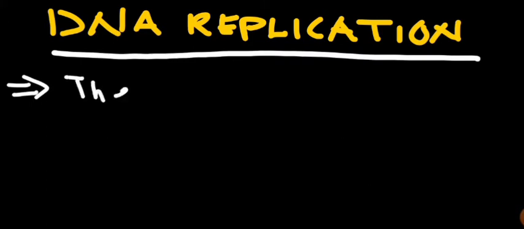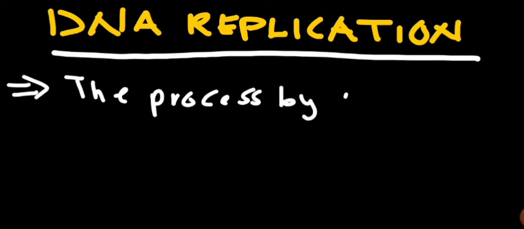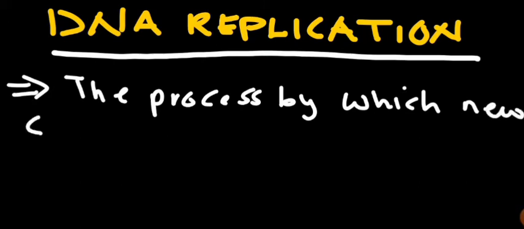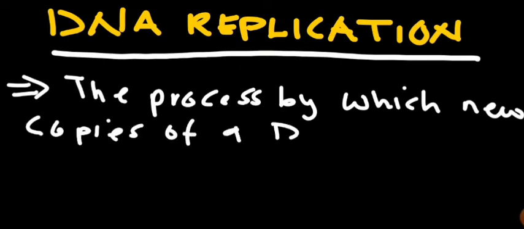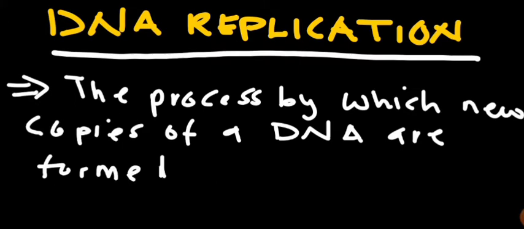So new copies of a DNA are formed, or we can say the replica of a DNA is formed. Okay. So that means that a copy of a DNA is formed.